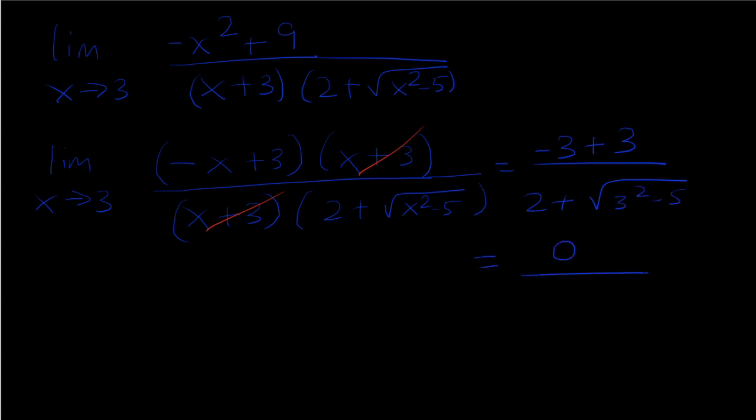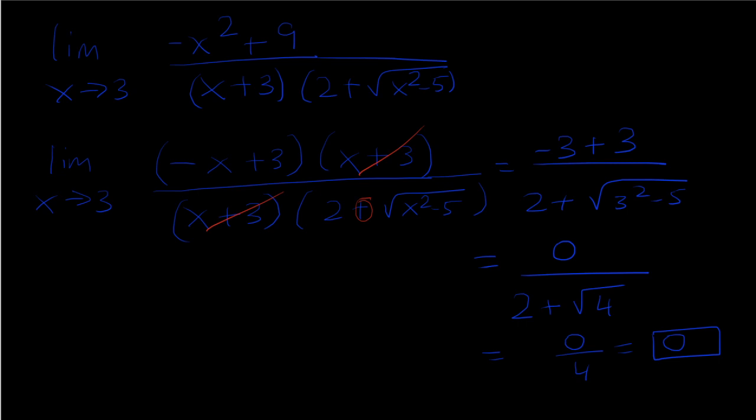Negative 3 plus 3 is 0, and then I have 2 plus 9 minus 5 is root 4, so it's 0 over 4, and my limit is 0. This problem was definitely tricky, because I thought this positive here was a negative, and that would have given us 0 over 0, but thankfully it was only a positive.